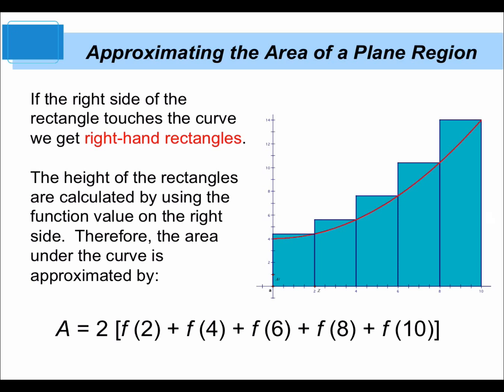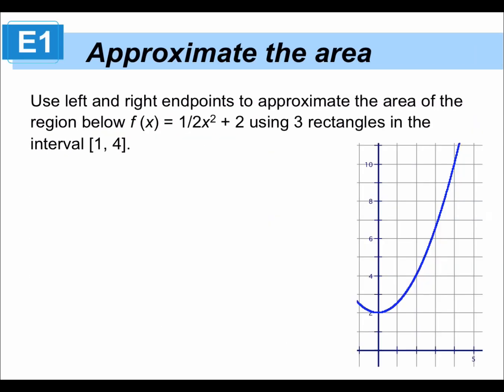Okay, so let's see what this looks like from the start. So I've got a function f of x equals 1/2 x squared plus 2, and I'm going to work with the interval from 1 to 4, using 3 rectangles.